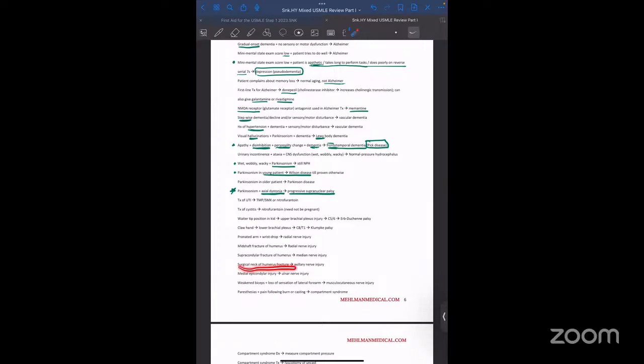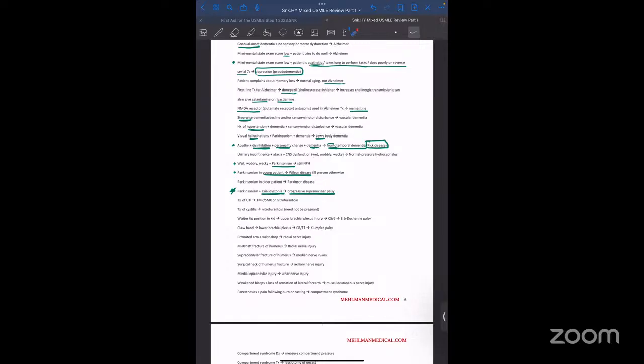Surgical neck of humerus fracture is axillary nerve injury, okay. Medial epicondylar injury, ulnar nerve injury. To recap: supracondylar, median nerve; surgical neck, axillary; medial epicondyle, ulnar nerve injury.